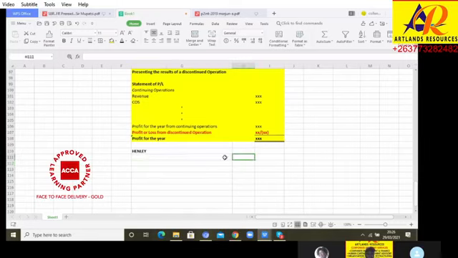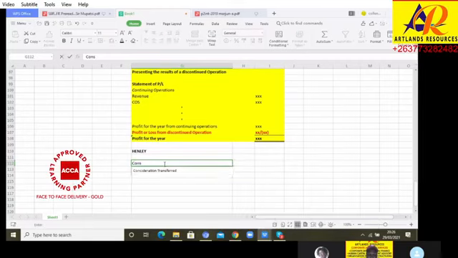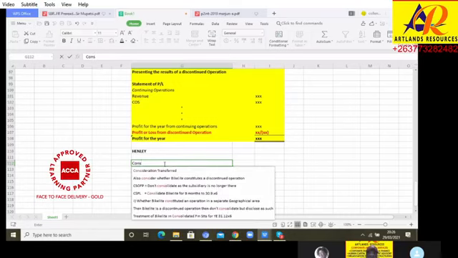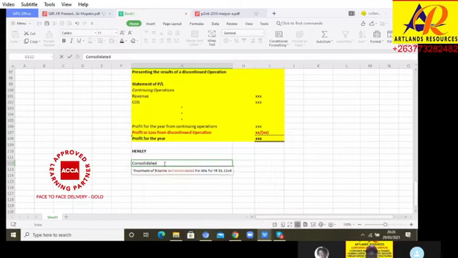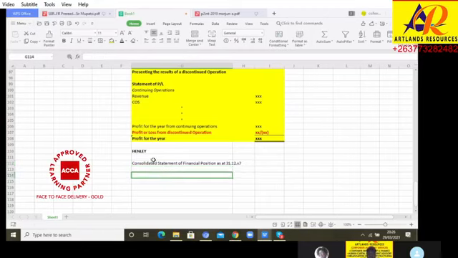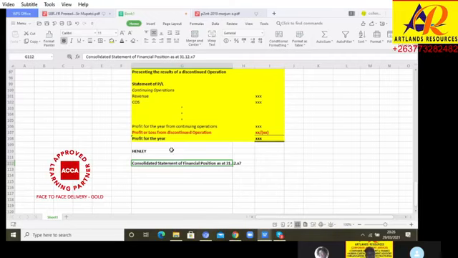So we do have these companies. So you say consolidated statement of financial position as at 31 December X7. You have two companies.